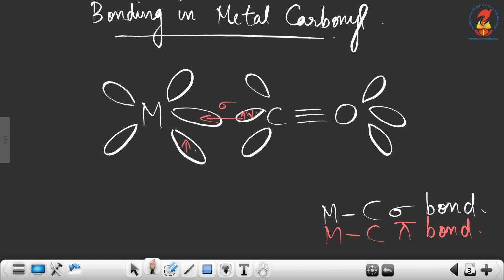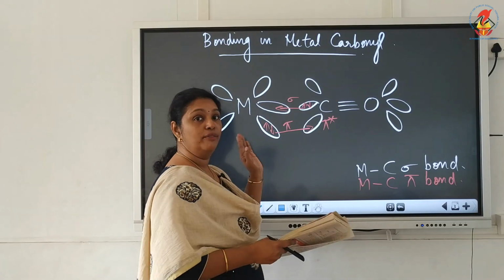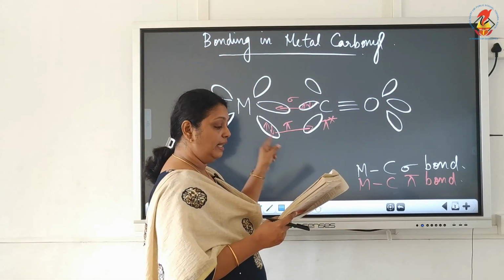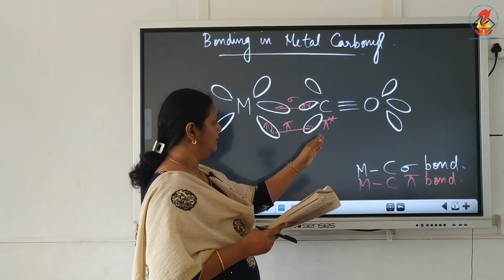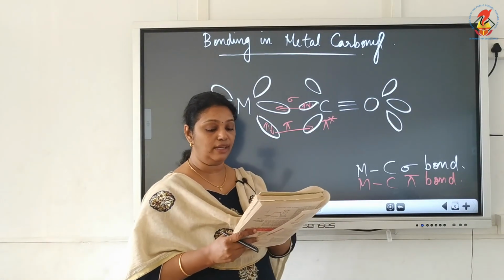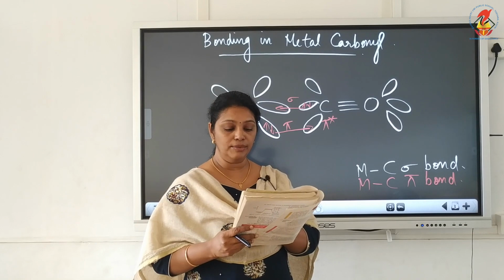Here, this filled d orbital of the metal donates to the vacant anti-bonding pi star orbital of the carbon atom. So, the pi bond is formed by the donation of filled d electrons to the pi star anti-bonding orbital of the carbonyl group.